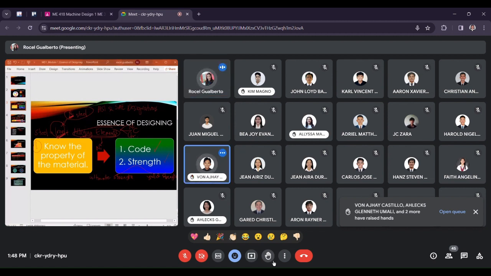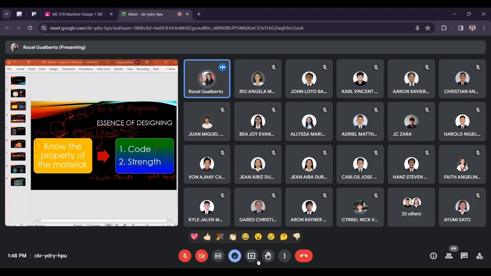The material can hold without failure or fracture. So, it will not break. Okay? It is the highest point in the stress strain diagram. Okay? Our symbol for the ultimate strength is sigma with subscript U.